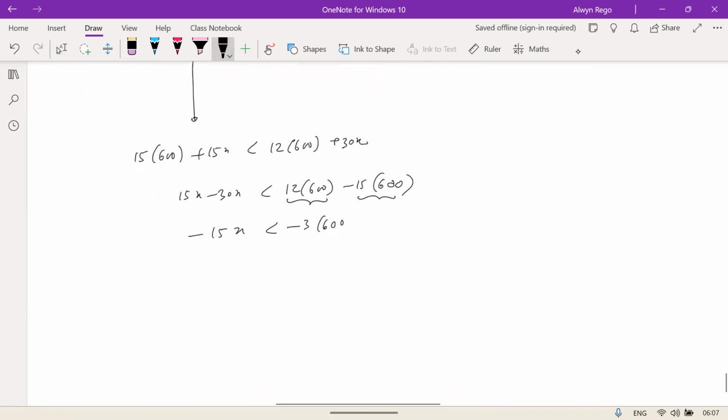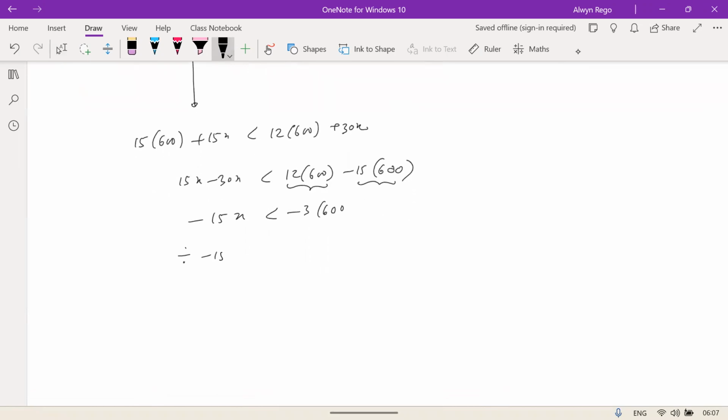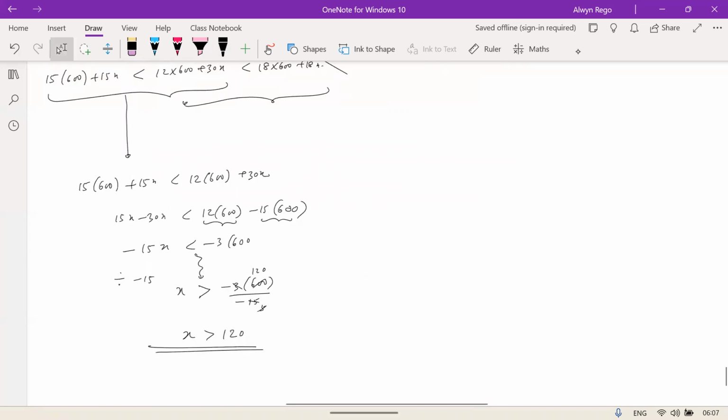So I can divide by negative 15. Therefore, X is more than, beware, the inequality will reverse, negative 3 times 600 divided by negative 15. So 3 fives are 15, 5 twelves are 60, 120. Therefore, X is more than 120. So this is what comes out with this one.